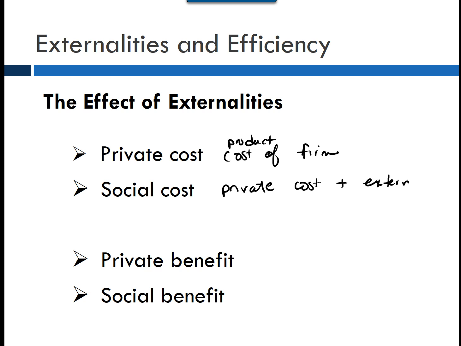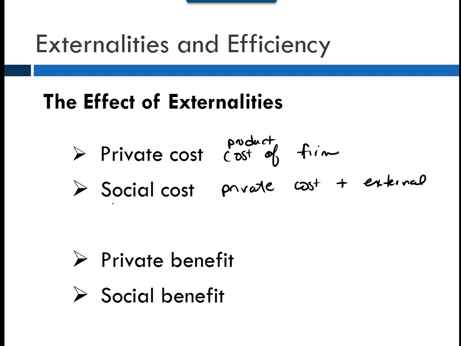So if somebody else is bearing part of the cost of this transaction, the social cost is what it costs them to produce it plus any cost that somebody else is paying. So let's say we're talking about pollution. That's a common example. And let's say they're causing the air so polluted that it's causing health problems to people that aren't even these people's customers. So then it would be the cost of all those health problems plus that firm's private cost to produce.